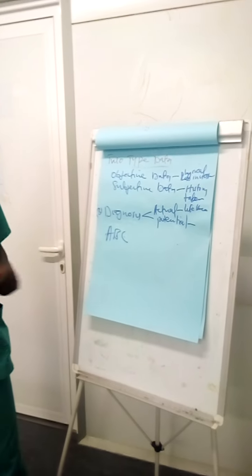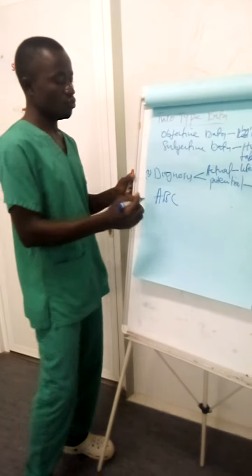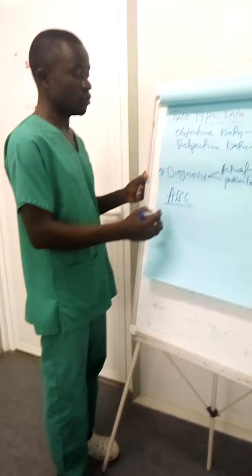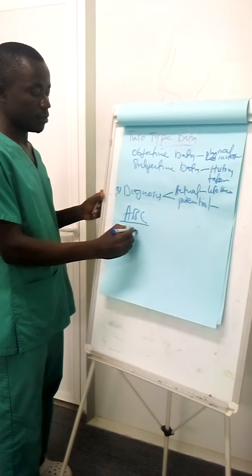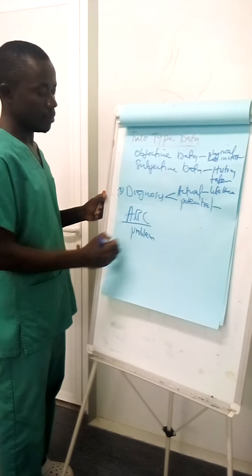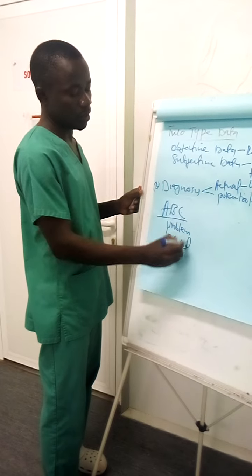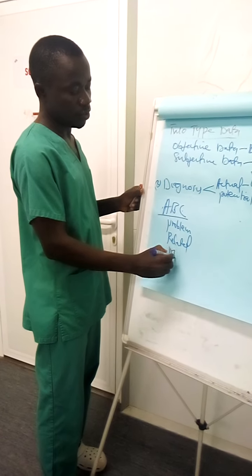Now, there are ways we can diagnose these patients after collection of data, analysis, and interpretation through assessment. Let us go to the nursing diagnosis. For the nursing diagnosis, first you are going to look at the problem, the related causes, and also the manifestation.